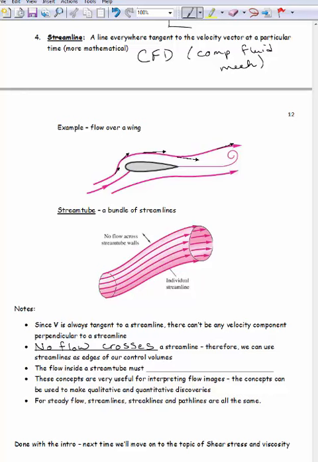You can also have a whole bunch of streamlines if you want, and you can use a stream tube, it's called, a bundle of streamlines, as your control volume walls as well. So flow inside a stream tube must remain inside the tube. So you can use that as a whole control volume.